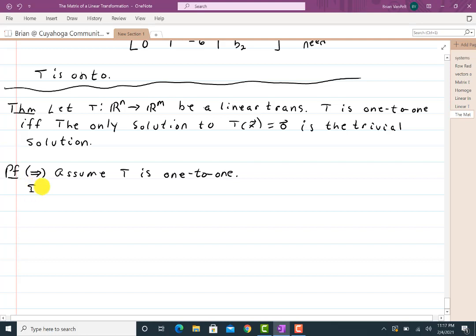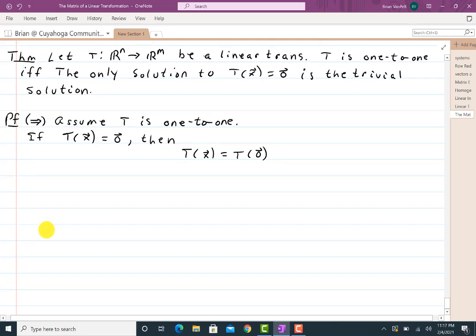Then if T of x equals the zero vector, then T of x also equals T of the zero vector. So since we're assuming that T is 1 to 1, this immediately implies that x equals the zero vector. So this is since T is 1 to 1.